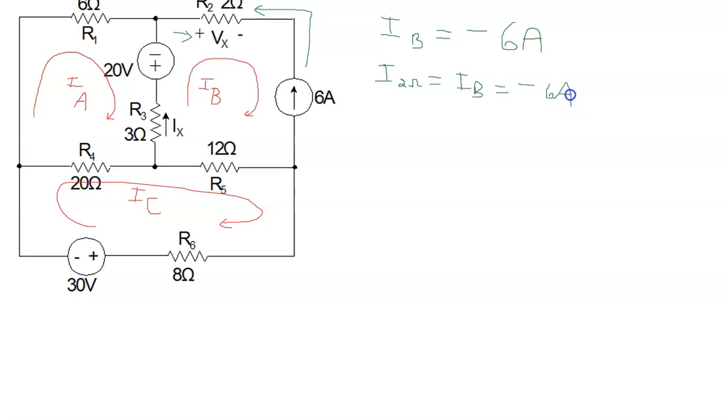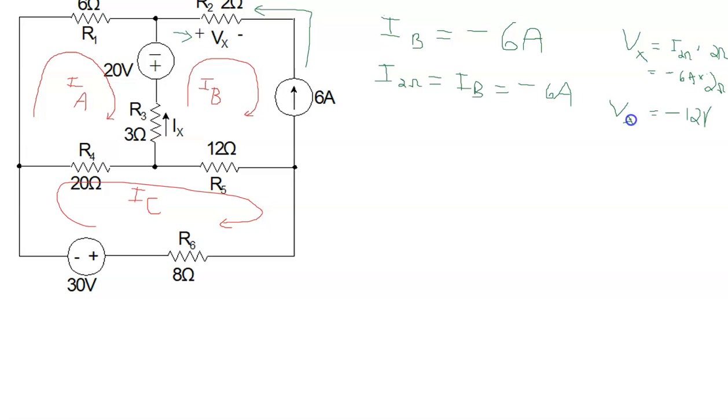And so you should be able to start then by saying that Vx is equal to I2 ohm times the 2 ohms, and that means negative 6 amps times 2 ohms, and Vx is equal to negative 12 volts.